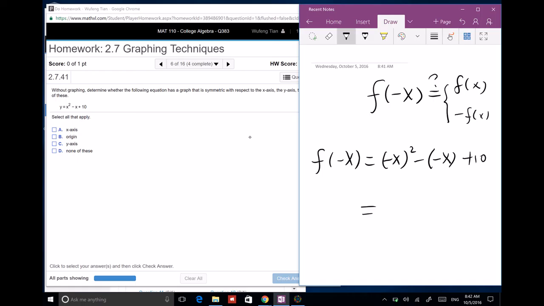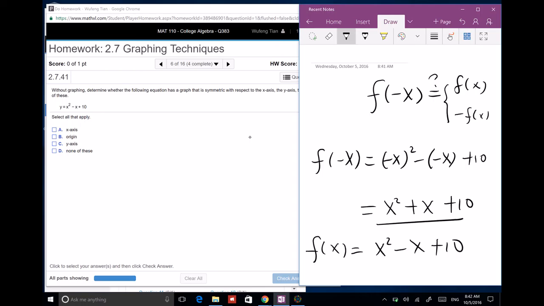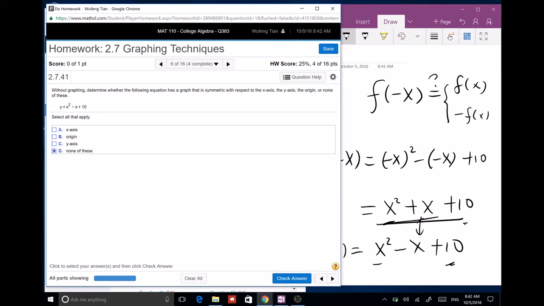So this equals x squared plus x plus 10. Compare this with f(x) equals x squared minus x plus 10. This term is the same, this is the same, but these are different. You need either all the same or all opposite. But now, some are the same and some are opposite, so it's neither.